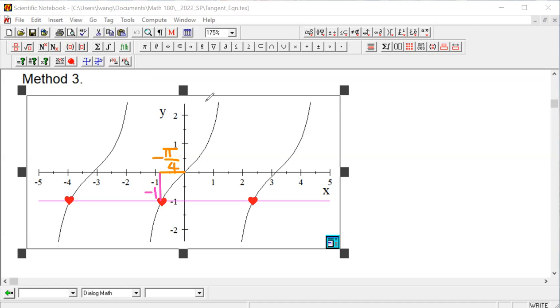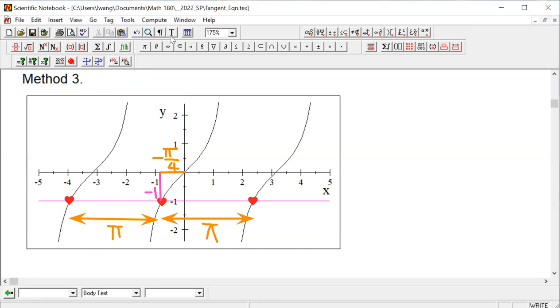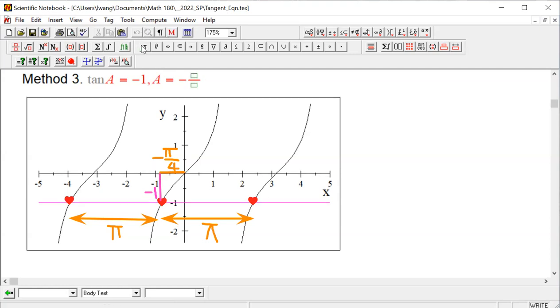So you plus pi, minus pi. In between each, the difference is pi. So that's plus k pi. Plus 1 pi, minus pi, plus 2 pi, minus 2 pi, and so on. So tangent of the angle equals -1, the solution would be negative pi over 4 plus k pi, and k is any integer.